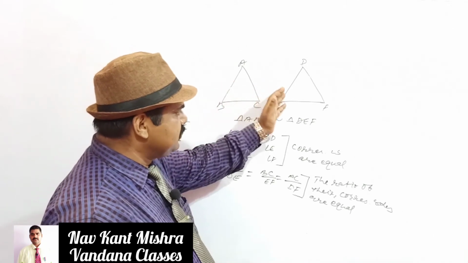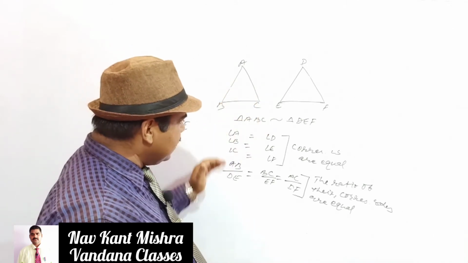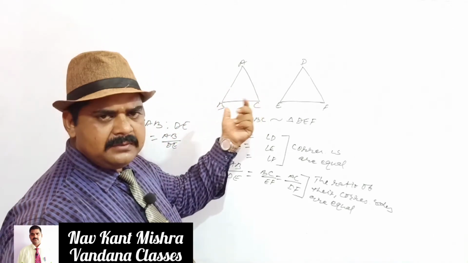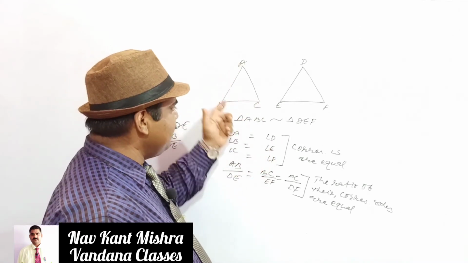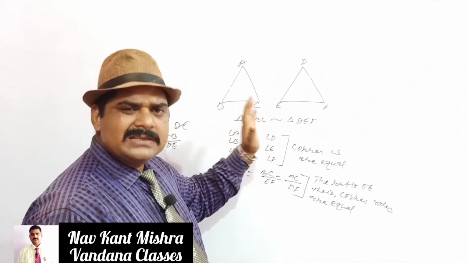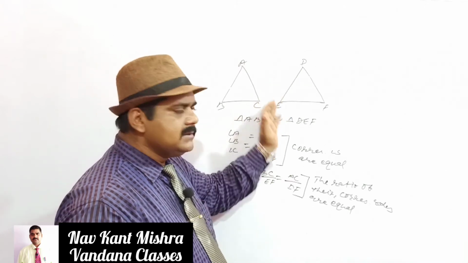If these two triangles follow these two conditions, then you can be sure that triangle ABC is similar to triangle DEF.